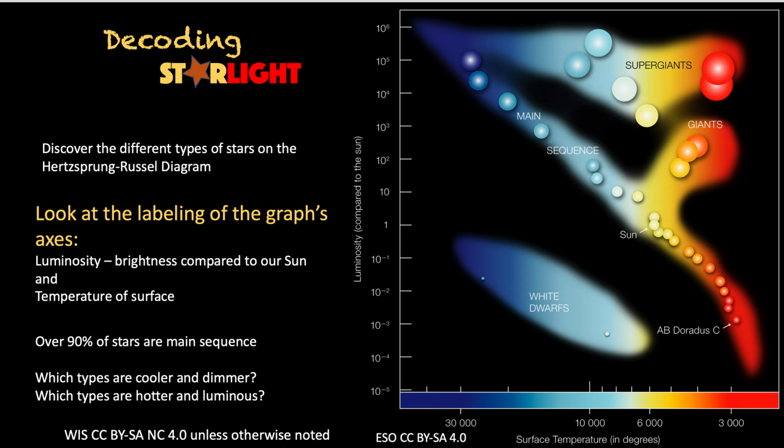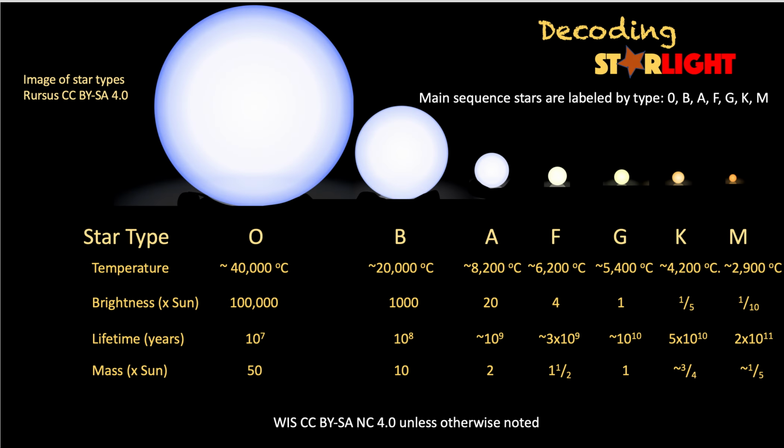And pause on this one to look at what the labeling of the axes is doing and pick out which types of stars are cooler and dimmer and which are hotter and more luminous.